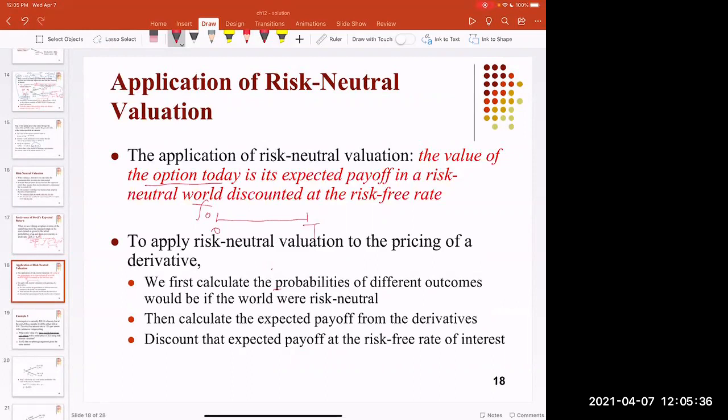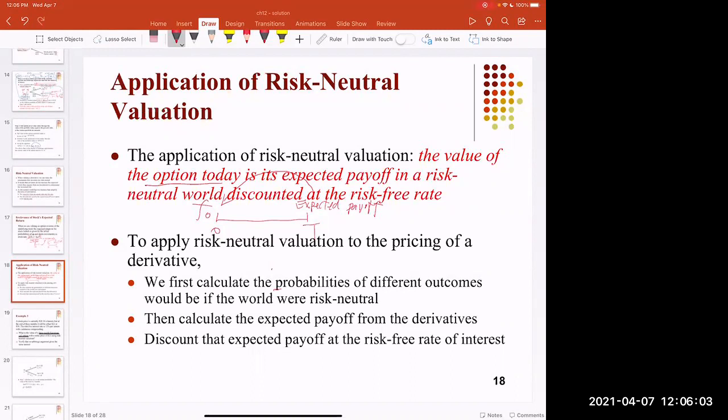So we find the expected payoff at time T, and in a risk neutral world, we can discount this expected payoff at the risk-free rate back to time 0. That's the option price today. Okay, so that's the key idea of risk neutral valuation.